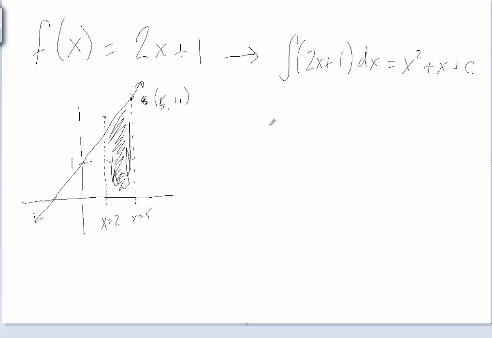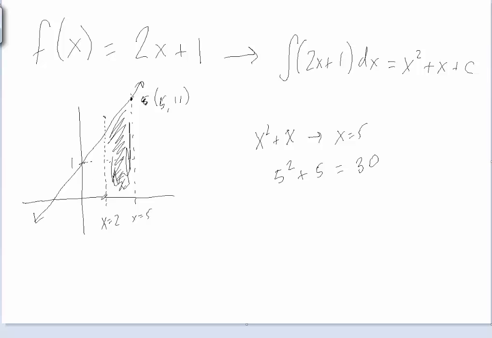Well, I know from what we've done before, the area under the graph between 0 and 5 should be x squared plus x, and when x equals 5, that would be 5 squared plus 5 equals 30.